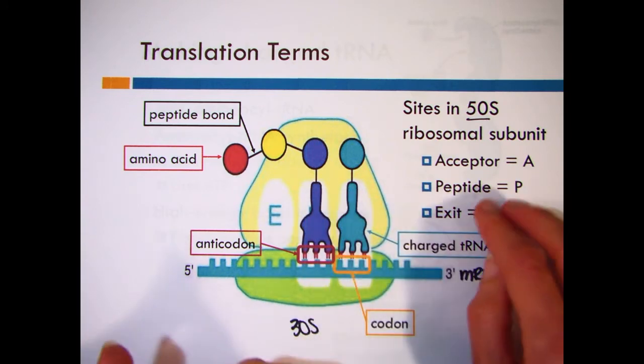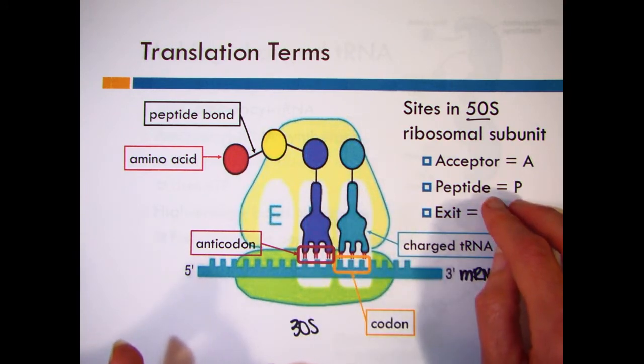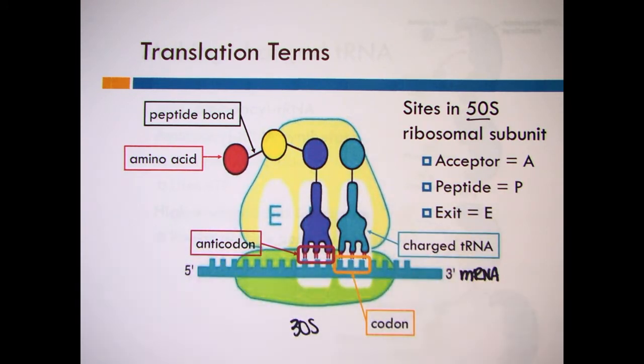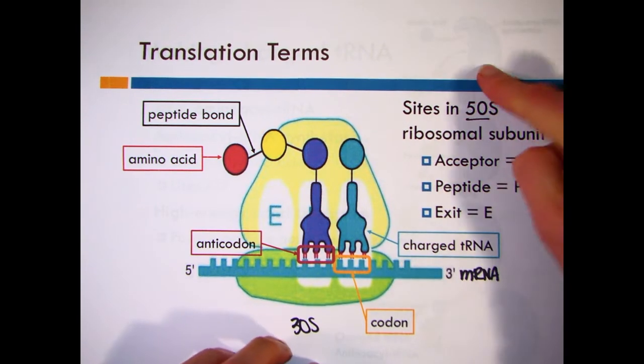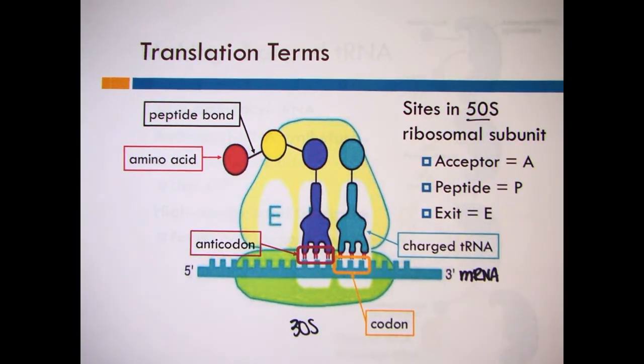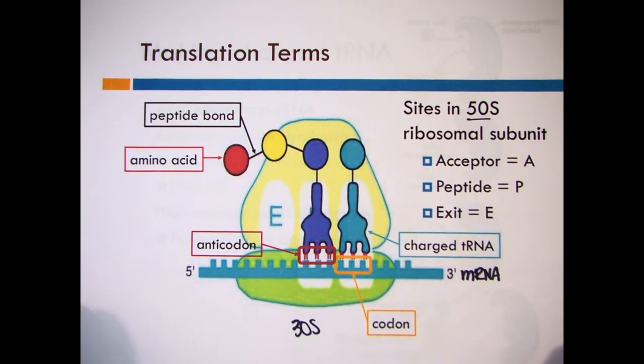The middle spot is called the P or peptide site, and then the third spot is called the E or exit site. We will be referring to these again later. So hopefully this gets you all caught up on terminology for translation, which is making proteins.